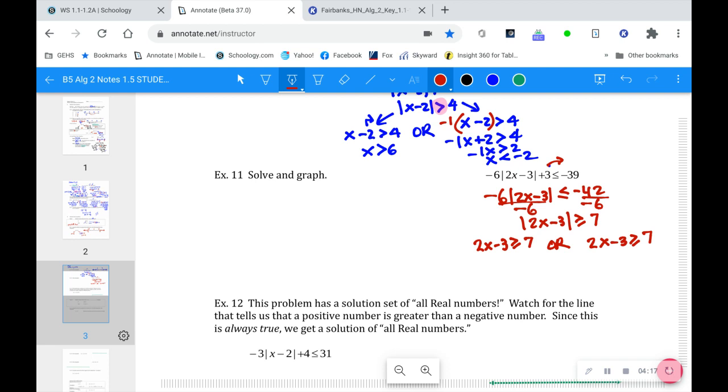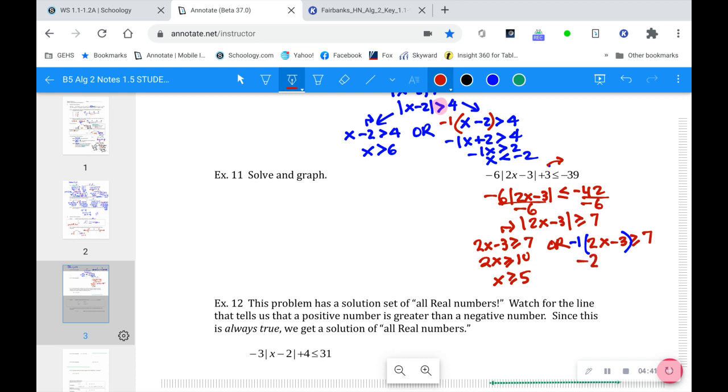The alternate answer you get by multiplying the left-hand side here by -1. Okay, add 3 to both sides on the first one here. Divide by 2 on both sides. Okay, we got one set of answers, everything bigger than or equal to 5.